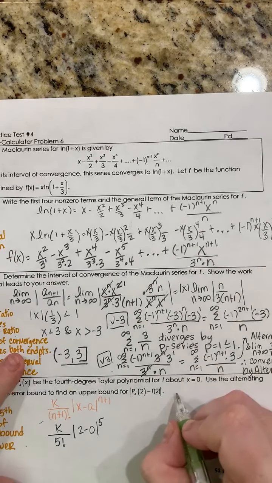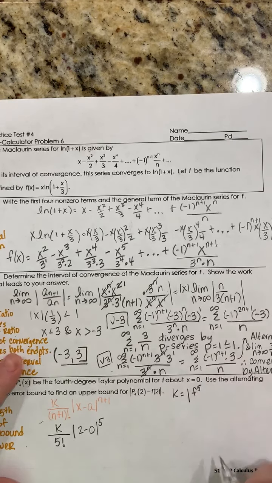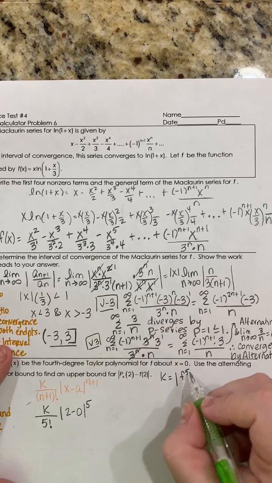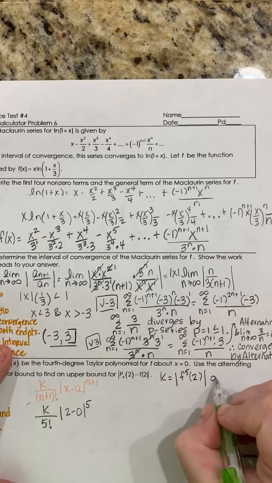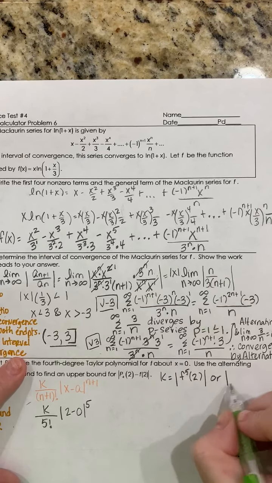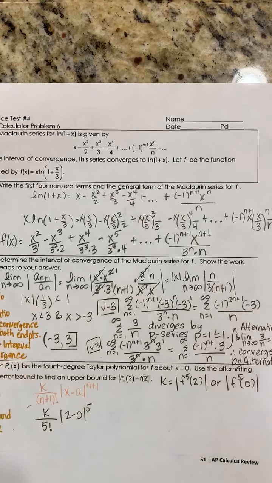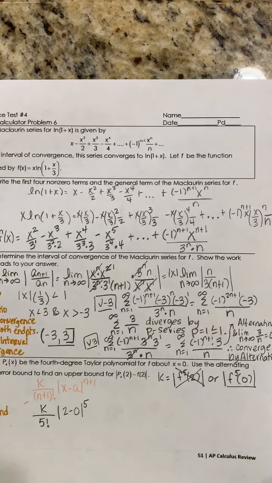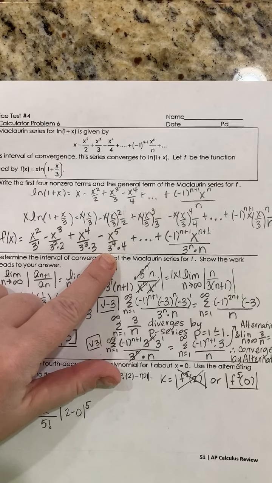Now remember, k is equal to the absolute value of the 5th derivative at 0. Nothing in this problem allows me to find the 5th derivative at what I'm approximating, so I'm going to have to use the 5th derivative at 0. So I'm going to use the 5th term.